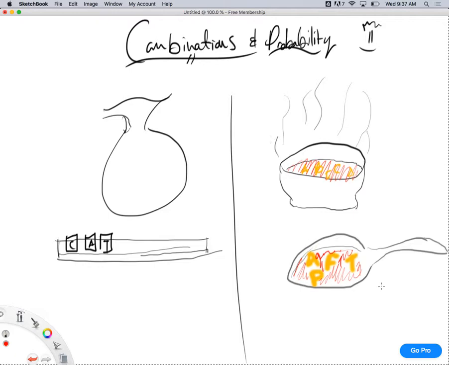Is there any specific order of those letters? No, I'm just asking for a combination of letters. You see that? That's a combination because there's no order. Does that make sense? So when you're thinking permutations and combinations, you're thinking Scrabble and alphabet soup. So that's the difference between a combination and a permutation.